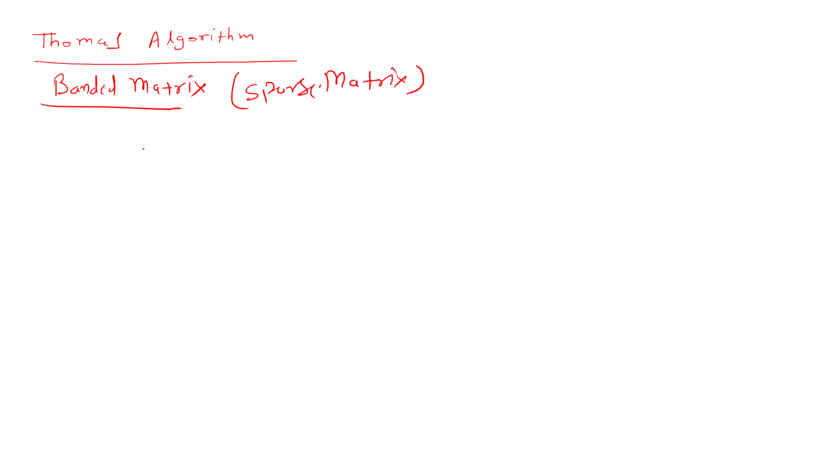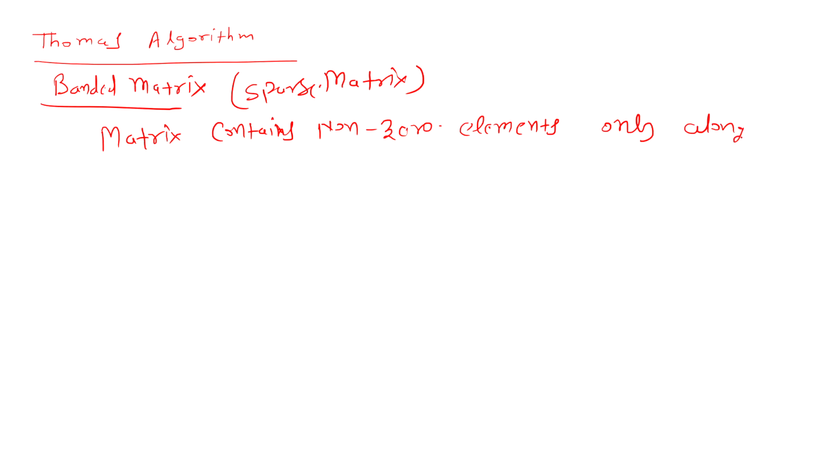So banded matrix definition is that matrix contains non-zero elements only along main diagonal and parallel to main diagonal.